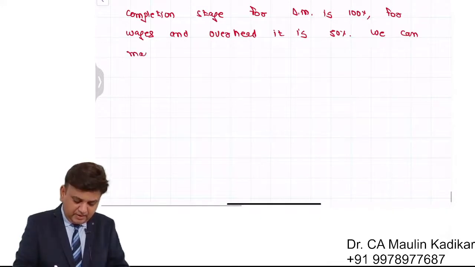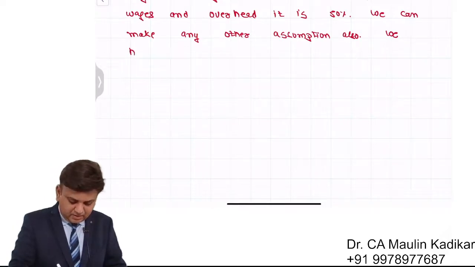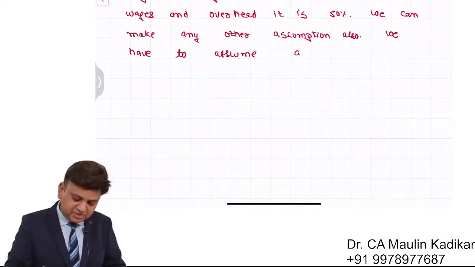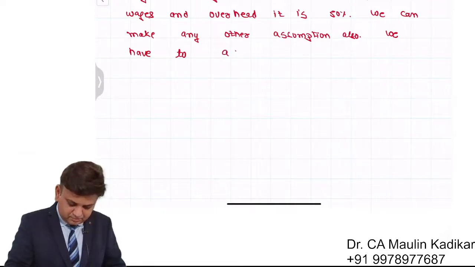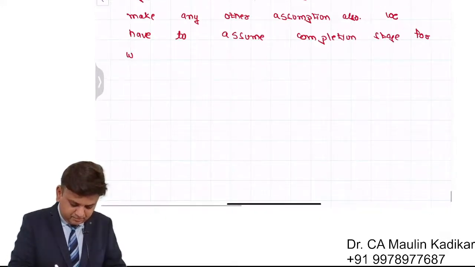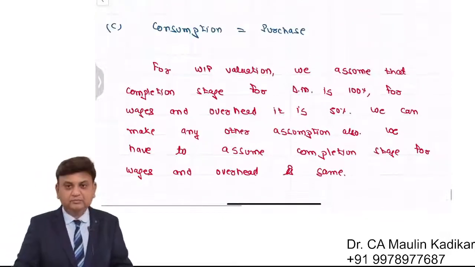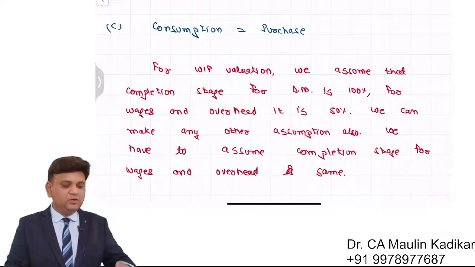We can make any other assumption also. We have to assume the completion stage for wages and overhead is the same, because the question provides that wages and overhead accrue evenly throughout the production cycle.